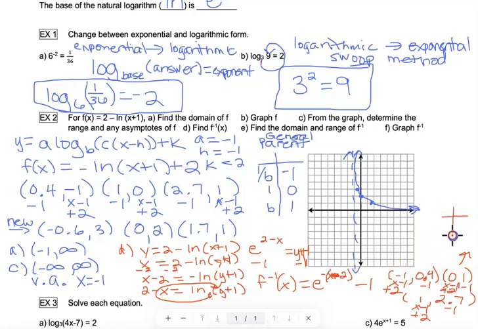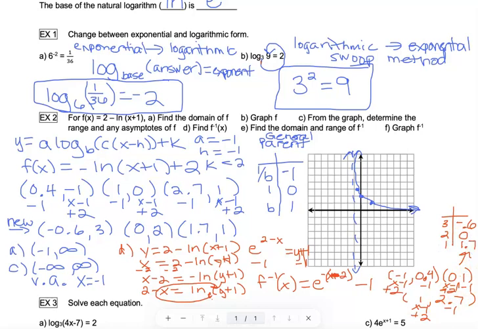I'm just going to write it as a table. So 3, and then 0.4 minus 1 is -0.6. And then 0 plus 2 is 2, and 1 minus 1, it's not multiplication, it's subtraction, 1 minus 1 is 0. And then for the last one, this gives me -1 plus 2, so that gives me 1, and 2.7 minus 1 is 1.7.